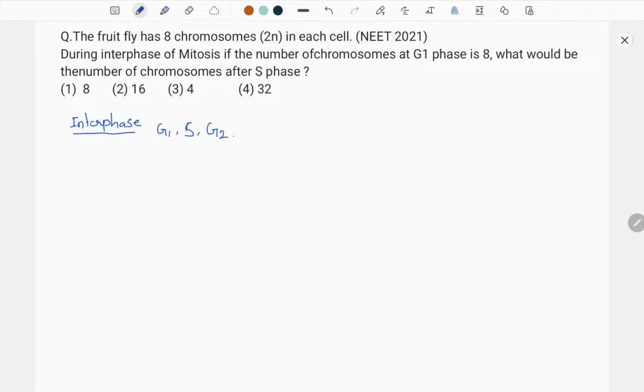So the significance of the synthetic S phase is that in S phase, DNA replication takes place.